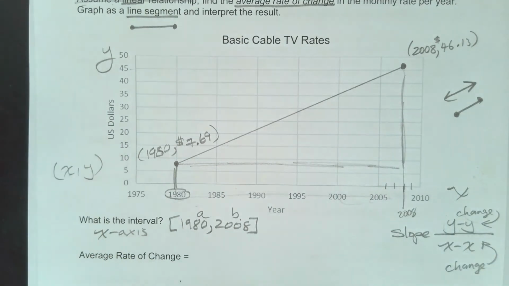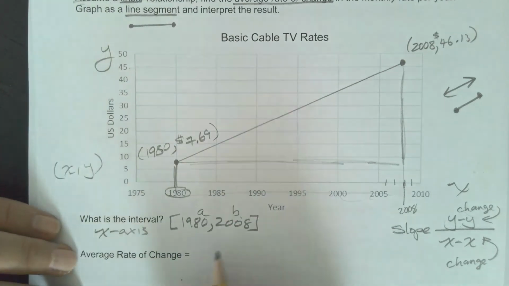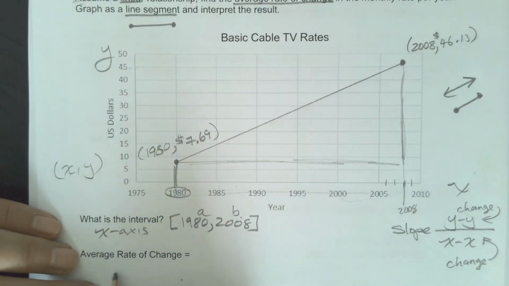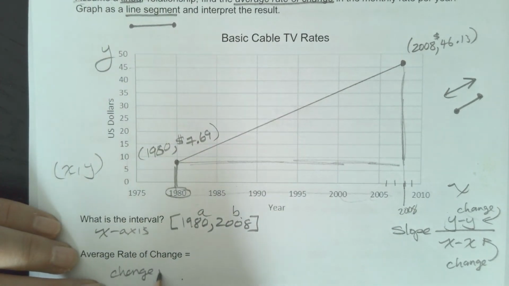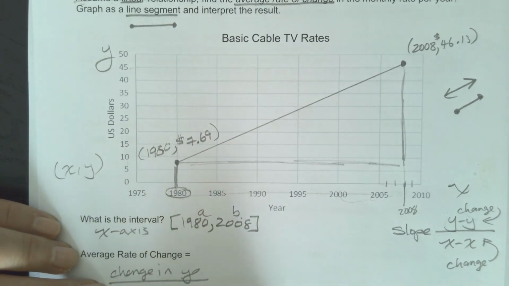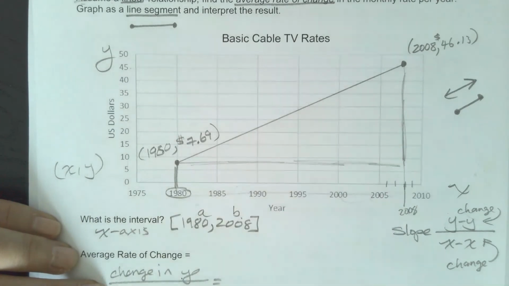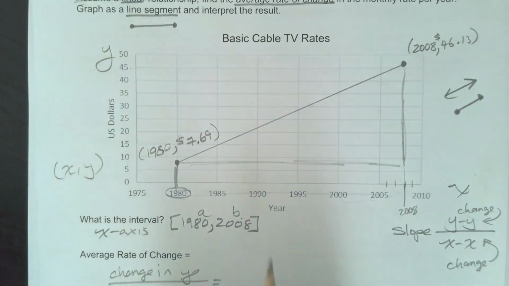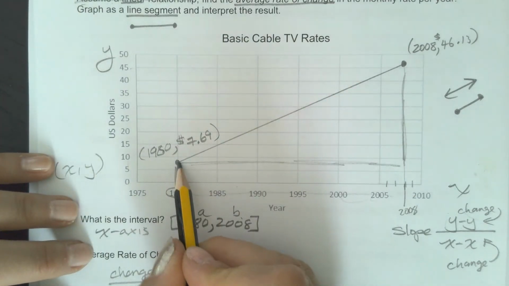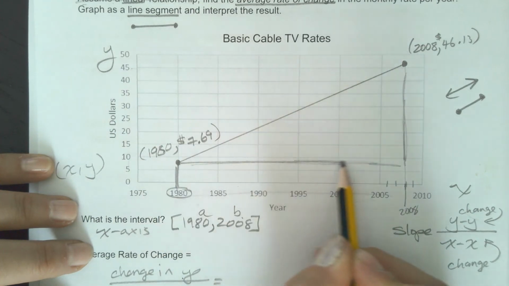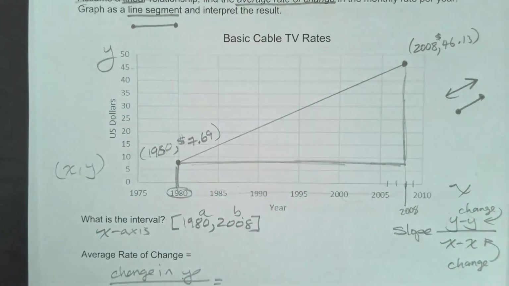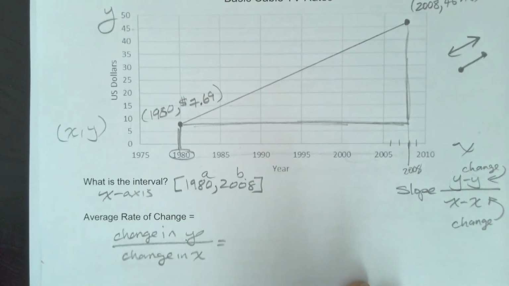Okay, that's what my slope is. So let's think of it that way. So change in y and the change in x. It went from 1980 up to 2008.